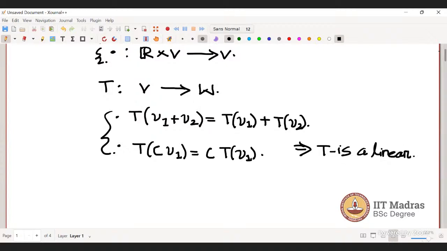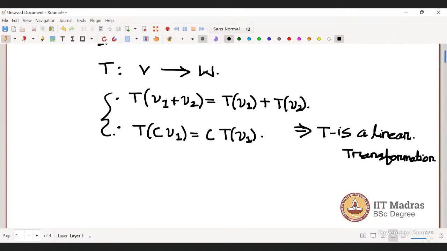Stop me when you have some doubt. If T satisfies both these conditions, then I can say that T is a linear transformation.